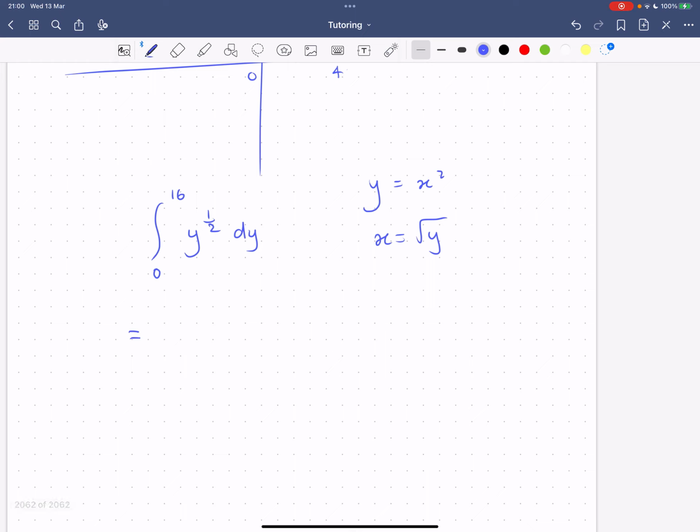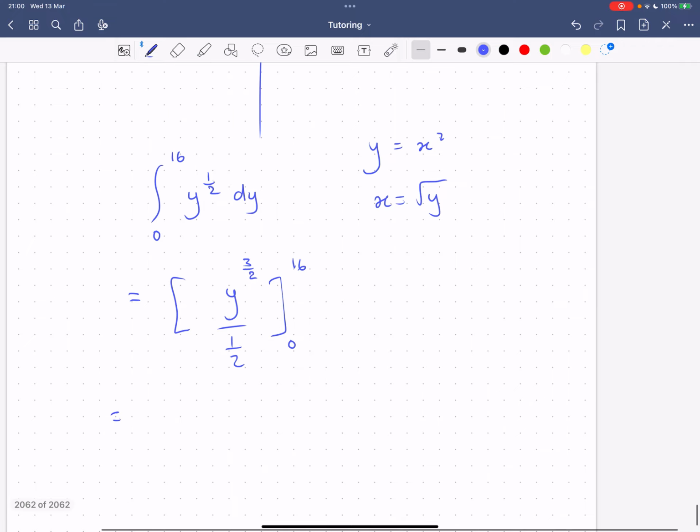If we integrate a function, we add 1 to the power and divide by the new power. And of anything, 1 over a half is 2, so 2 y to the 3 on 2.